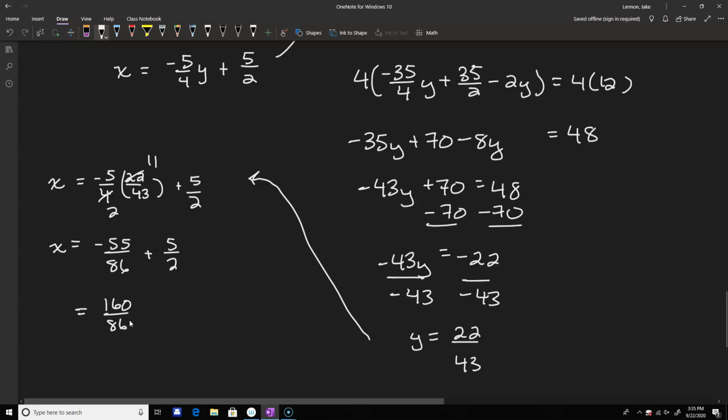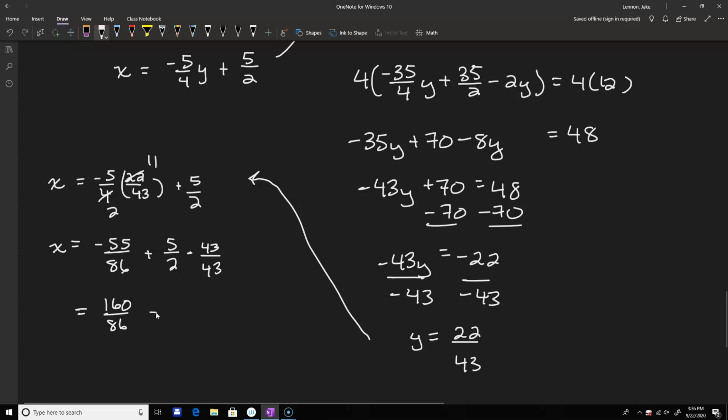To get a common denominator, we want 86 as a common denominator, so you would multiply 5 over 2 by 43 over 43, and 5 times 43 is going to be 215, and 215 minus 55 comes out to 160.